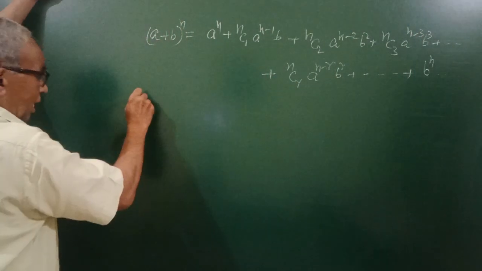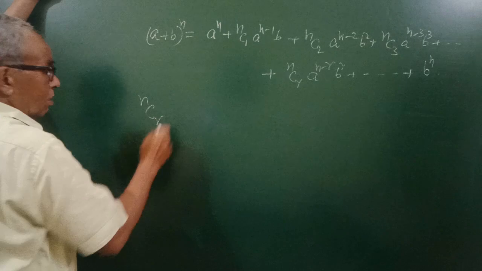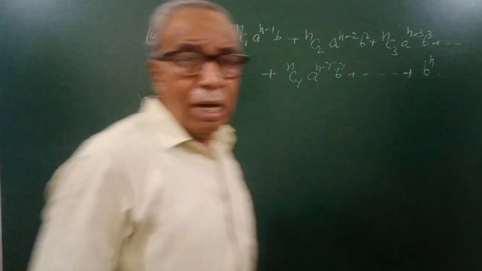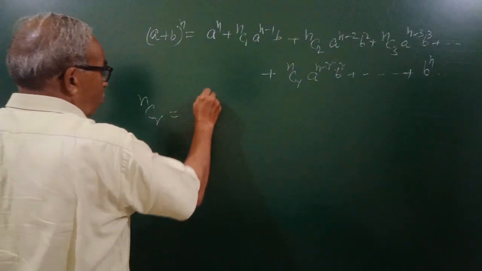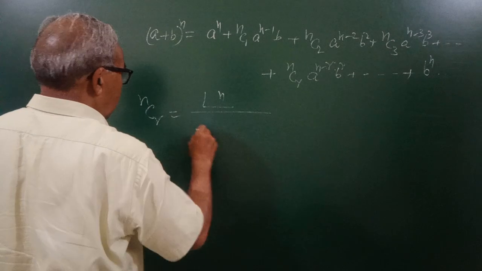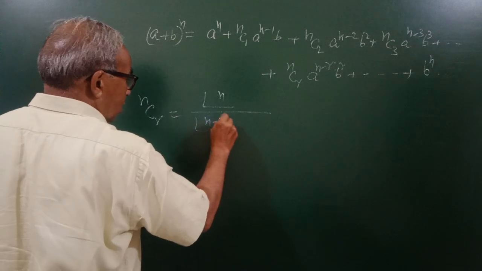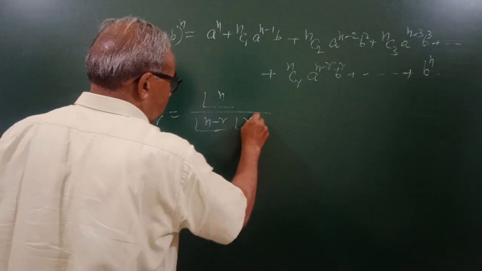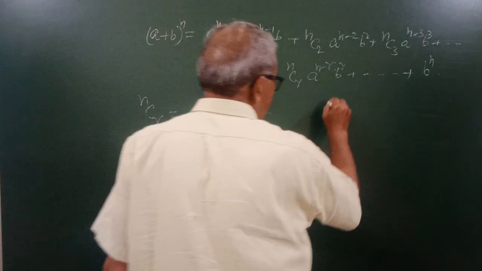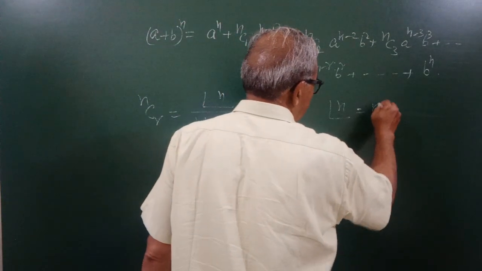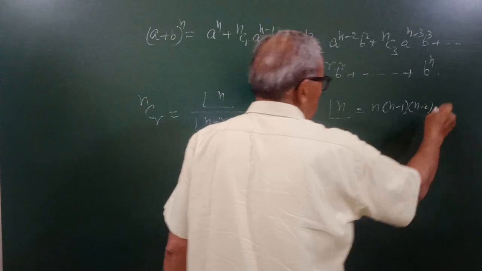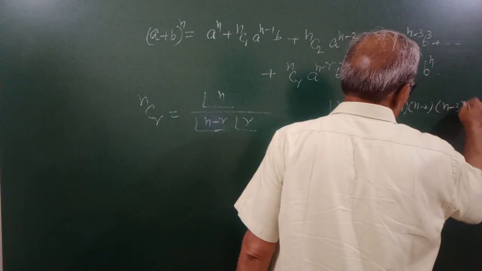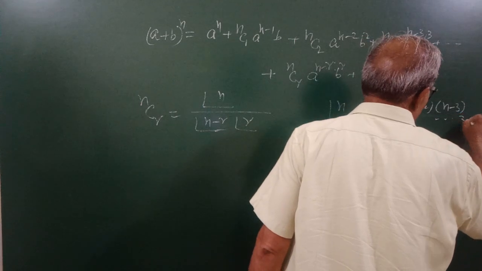Here nCr, class 11 students are always in trouble on this topic. nCr is factorial n upon factorial n minus r into factorial r. Factorial n means n into n minus 1 into n minus 2 into n minus 3 till you finally get to 1.